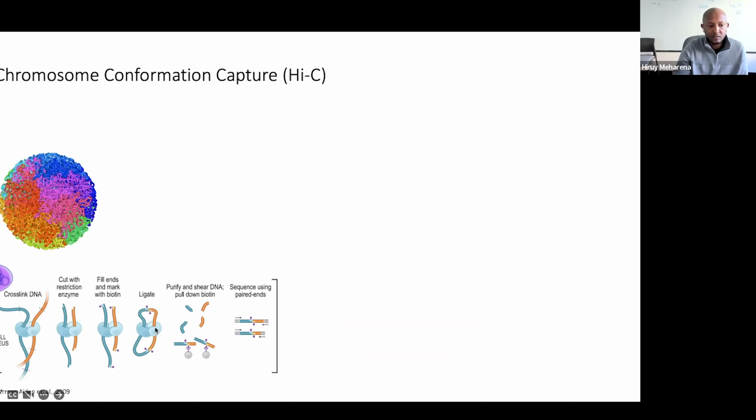And then we circularize this DNA, and then we cut it apart so that there is this one chimeric molecule that now has a region from chromosome purple and another one from chromosome red. And then we can utilize paired-end sequencing to actually see where these interactions are coming from.